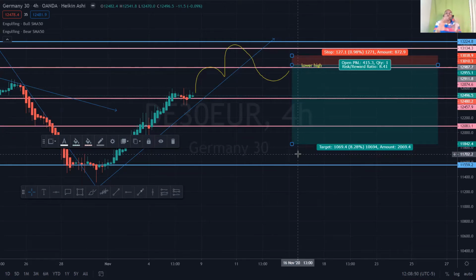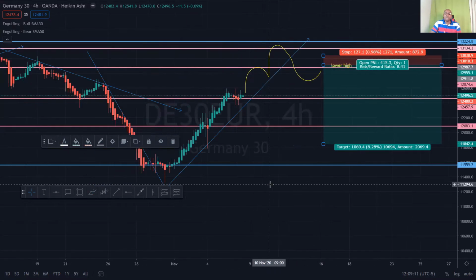So it's two moves we can look out for on the German 30 this week. It's all about patience. It's all about waiting and watching to see what happens. So right here, you've got to wait on the shift, wait on the retest, get a higher low right here to continue for the buy. Once it breaks the trend line, wait for that lower high and continue to go down. So that's German 30. Moving on.